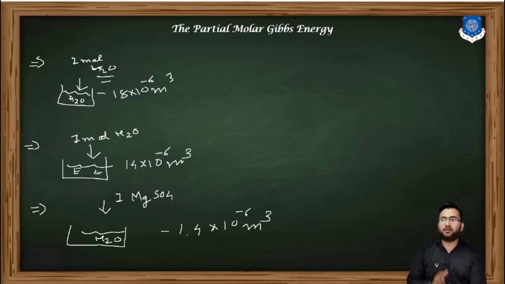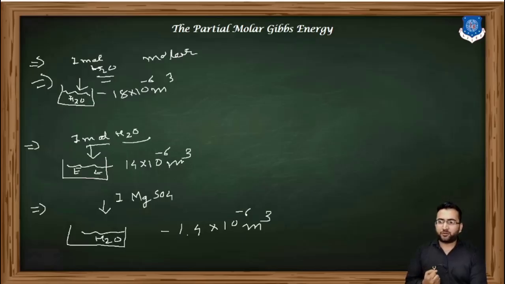In all three cases, the first case is for the molar property because we are adding 1 mole of H2O to pure H2O. Now if we add H2O to ethanol, these two components are different.